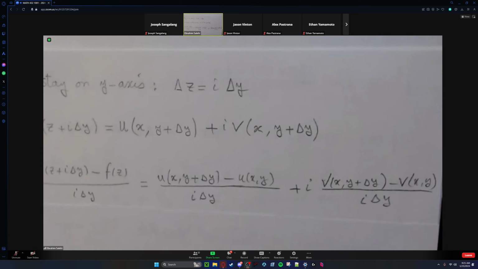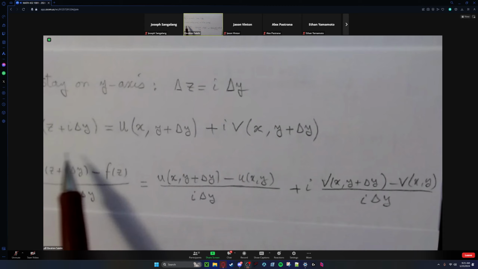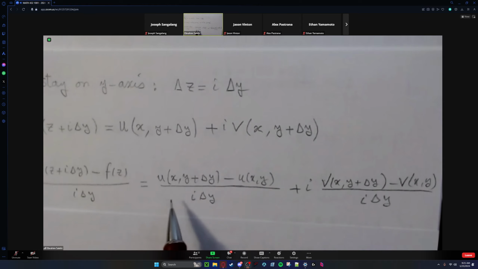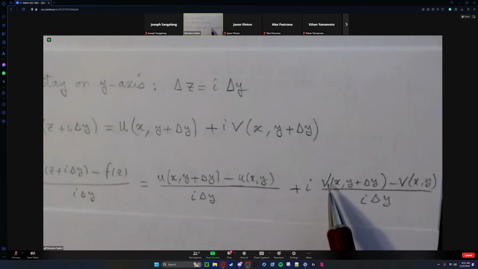Remember, in the denominator, we have delta z, which is delta x plus i delta y. But delta x is 0. We simply get i delta y. Now, of course, i cancels. And as delta y approaches 0, this part will give me the derivative of f, which I know exists. This part will give me the partial derivative of u with respect to y divided by i. This part, the partial derivative of v with respect to y.